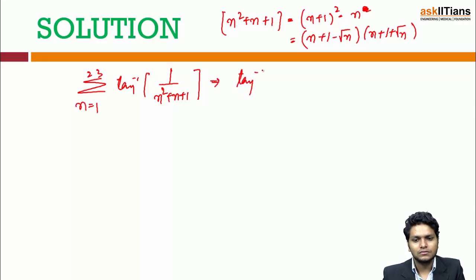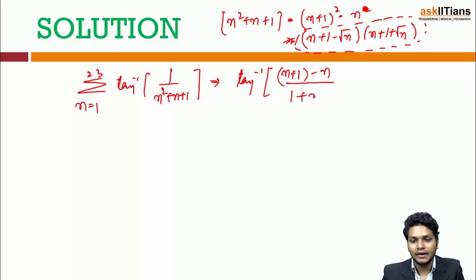Tan inverse, or is there a need to do all of this? I cannot find the answer by simplifying the denominator into square roots, because I won't get the numerator that I need. I will get the numerator by this, n plus 1, if I subtract n from it, and in the denominator I'll try to write it like this.